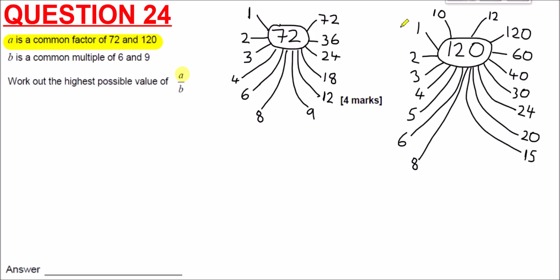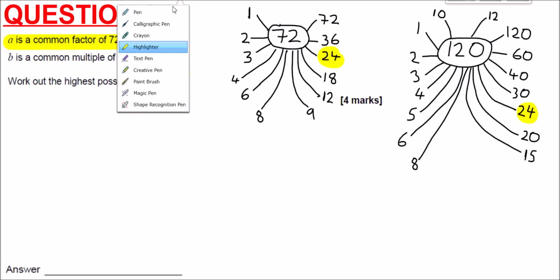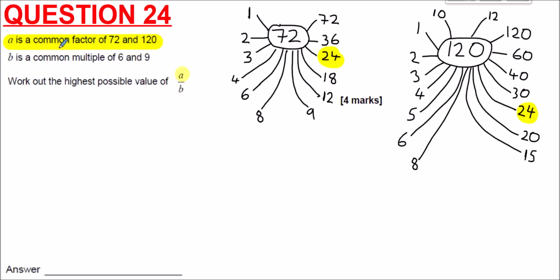If you keep scanning through, you should eventually find that the highest common factor is 24. Because 24 is in each list. 36 and 72, they're the only ones higher, but they're not in the factors of 120. So the highest common factor for what a could be is 24. And so a must be 24.